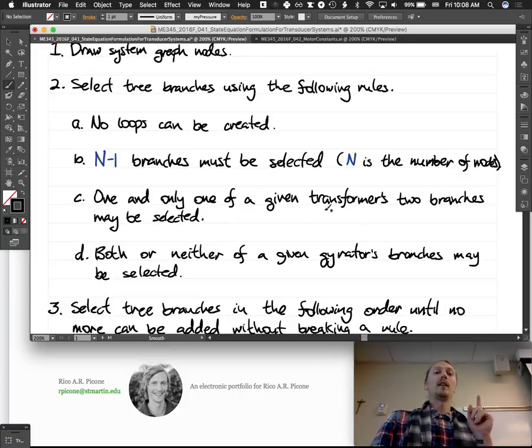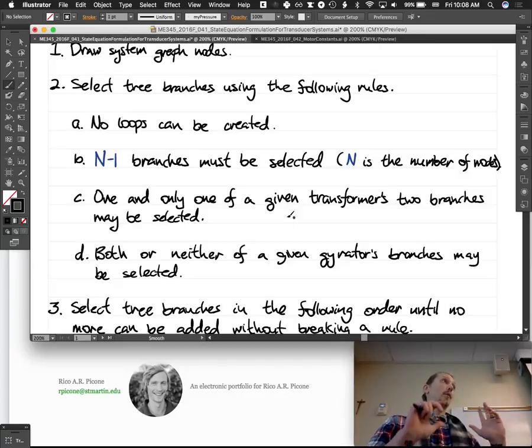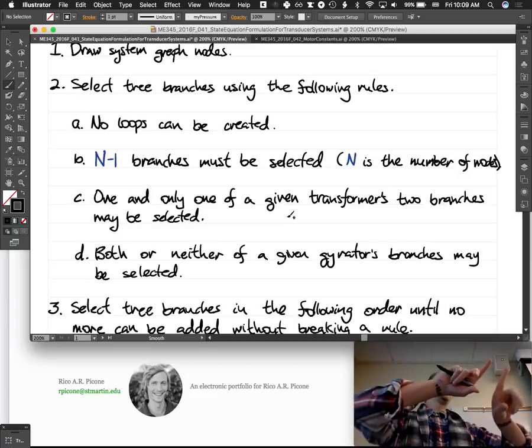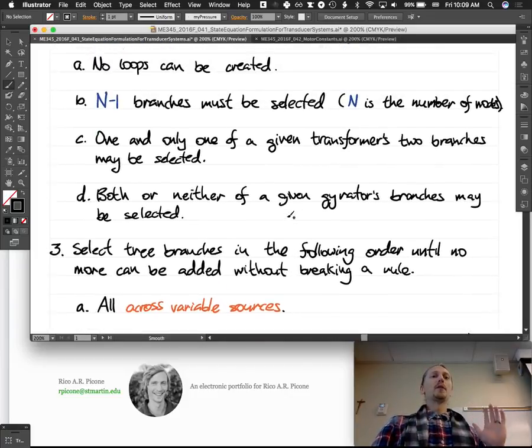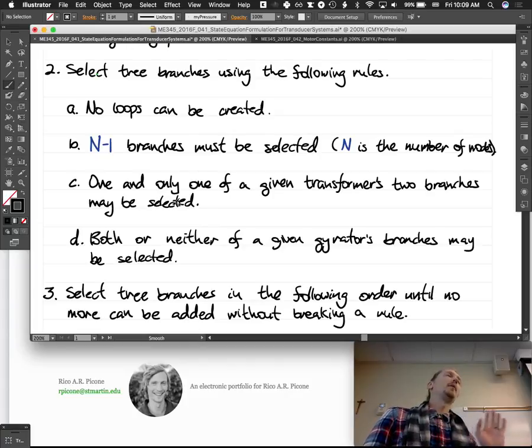And finally, D, both or neither of a given gyrator's branches may be selected. So for a transformer, one or the other needs to be in the normal tree. If it's a gyrator, either both have to be in or neither. Remember, there were two rules before, the first two. So we've added two more rules on.